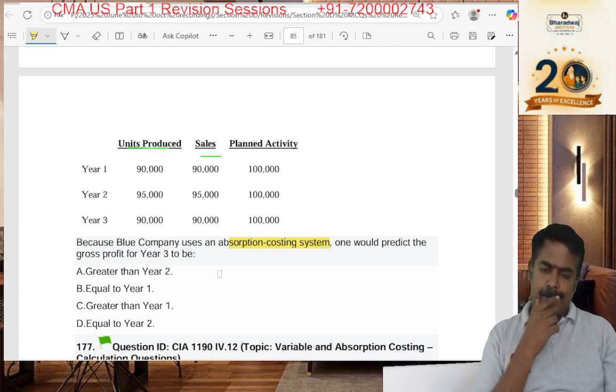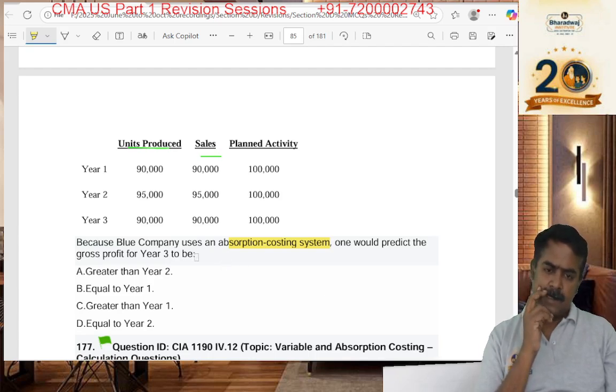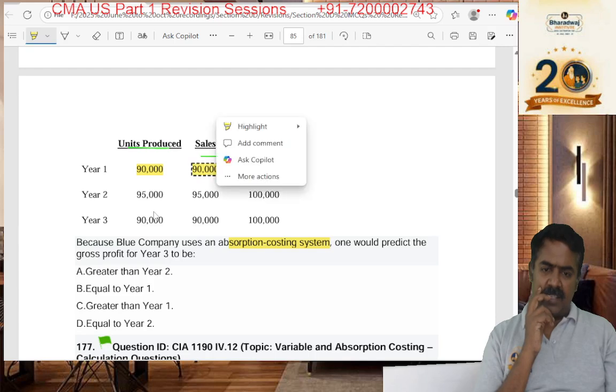Equal to year 1 also. The same activity is maintained in year 3 also.